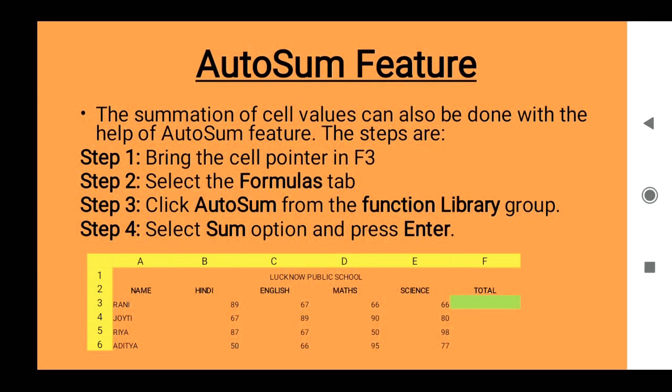Step 2, select the Formulas tab. Step 3, click AutoSum from the Function Library group. And last, select the Sum option and press Enter. In this way you will get the total marks of the student, having the marks in Hindi, Maths, English, Science, and so on.